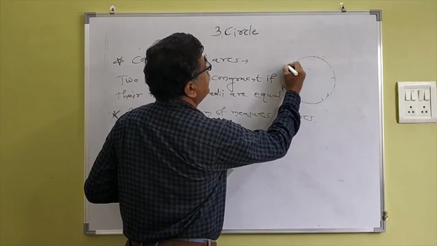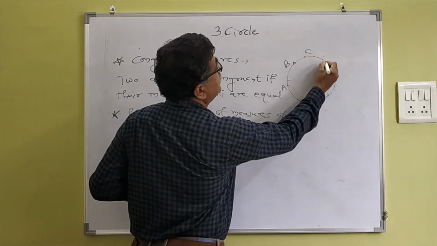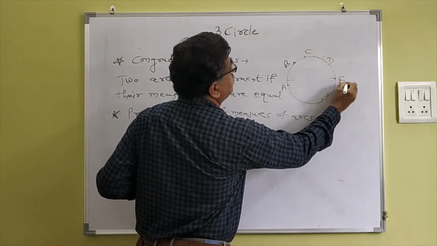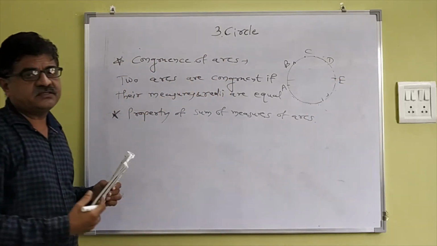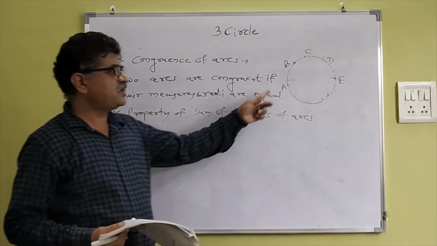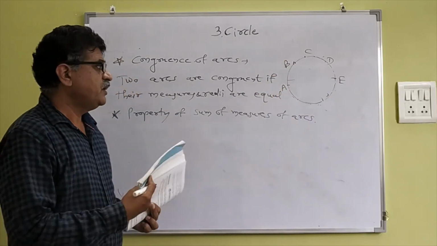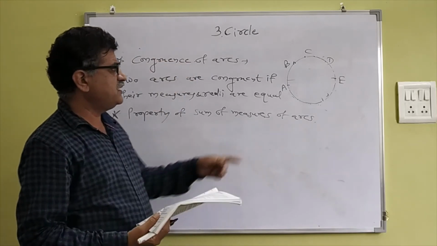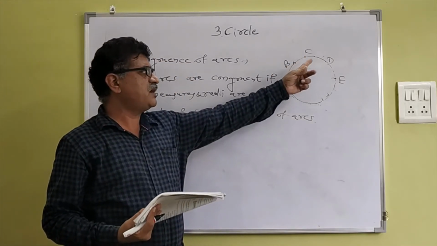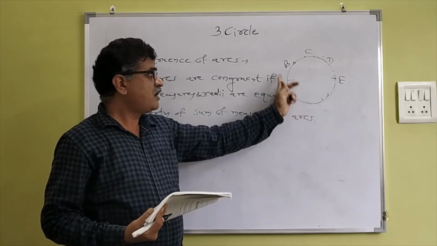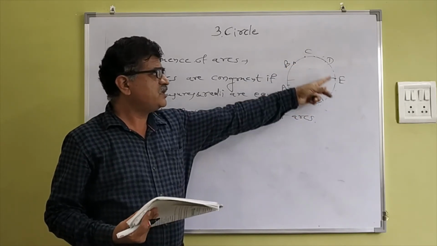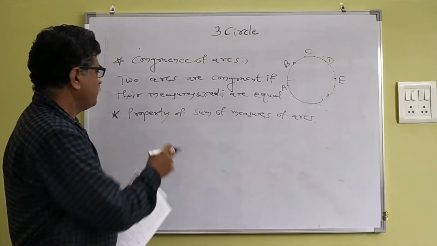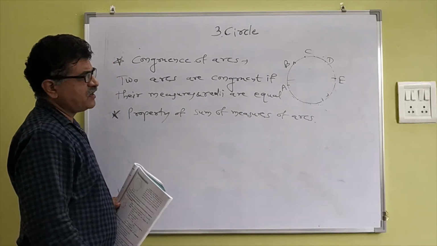Suppose these are A, B, C, D, E. These are the concyclic points, that is, all these points are on a circle. Now we can write so many arcs from this: arc AB, arc BC, arc CD, arc DE, arc ABC, arc ACE, so many arcs. Now we have to find the property of sum of measures of arcs.